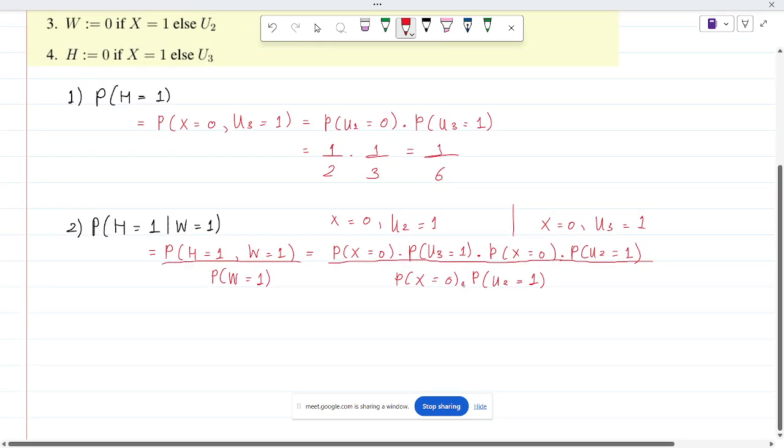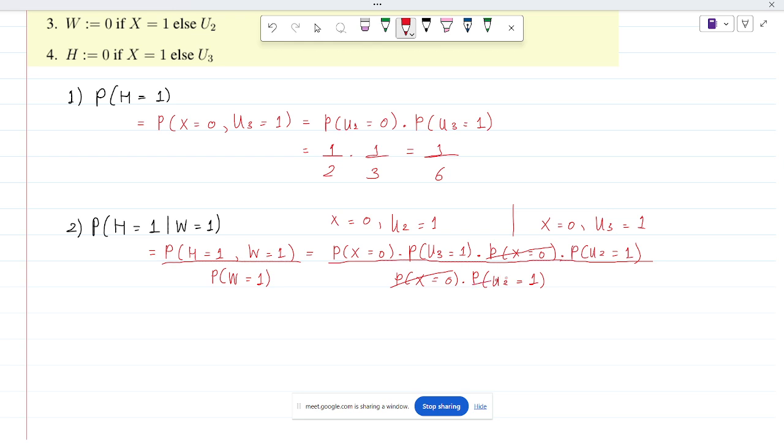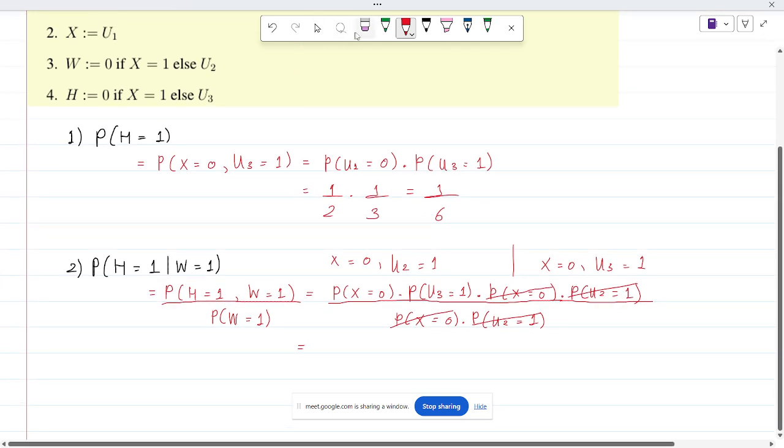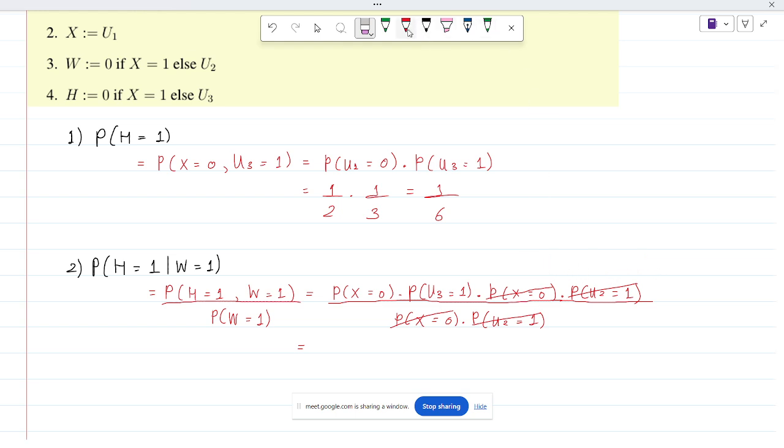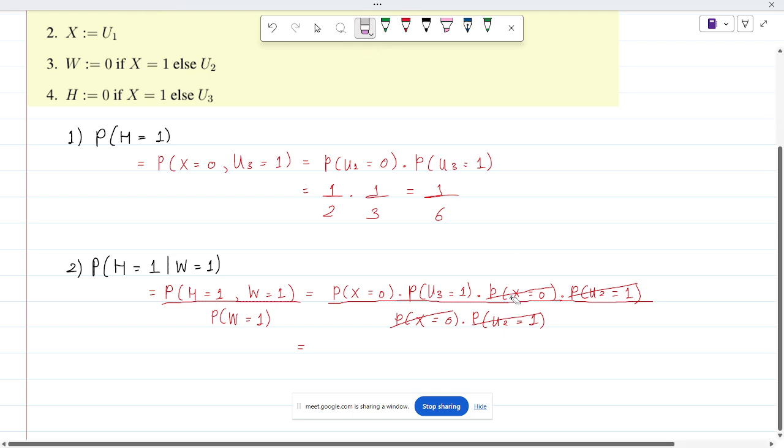So essentially, there are some things over here that I can cancel out. You can cancel out this, and then you can cancel out this and this. So essentially, this is what you are left with. Now, the probability of, I'm just going to get rid of this real quick. Oh, my bad. We do not need to write this down twice.